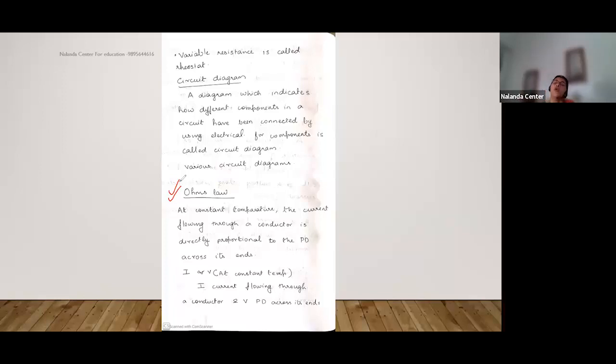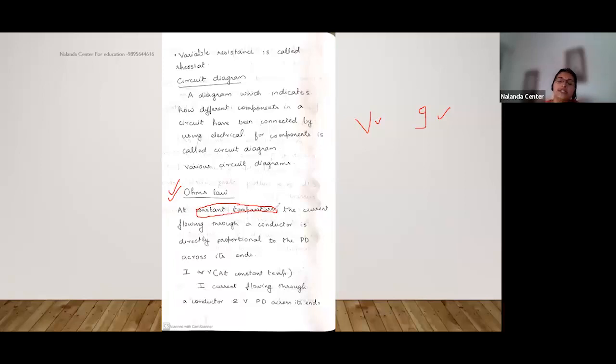So what is Ohm's law? Now we have studied two physical quantities, voltage and current. How are they related to each other? See, at constant temperature, we are not going to change the temperature.